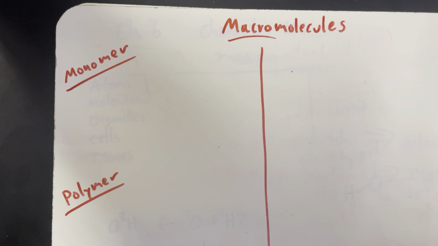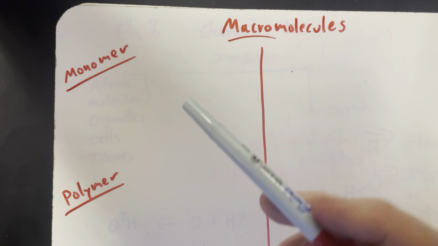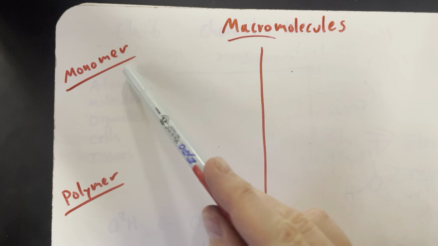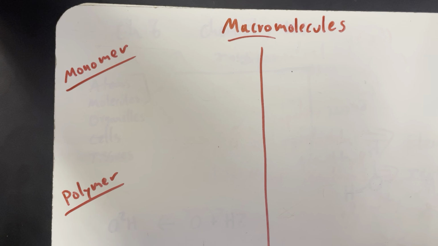So the way you get macromolecules, these giant molecules, some single molecules are just absolutely huge, millions and billions of individual atoms all clumped together as a single molecule. So the way we get these giant macromolecules is we take a subunit and we put them together like Legos to make these polymers.